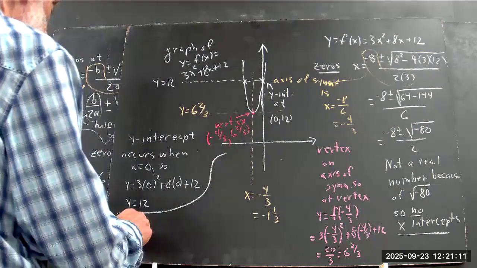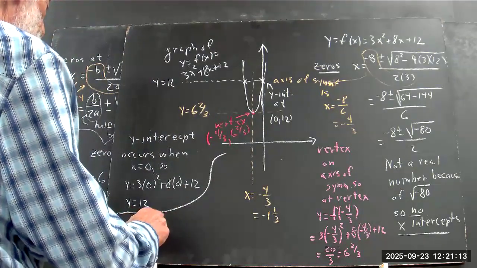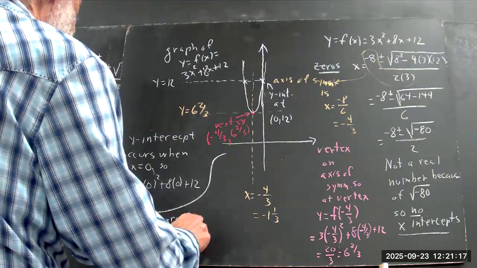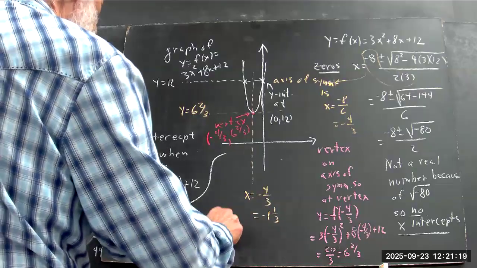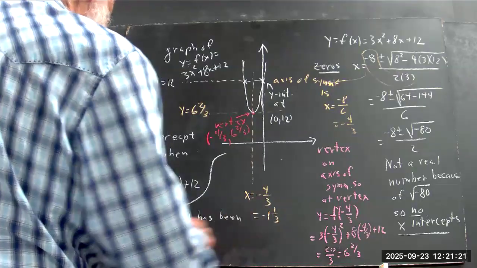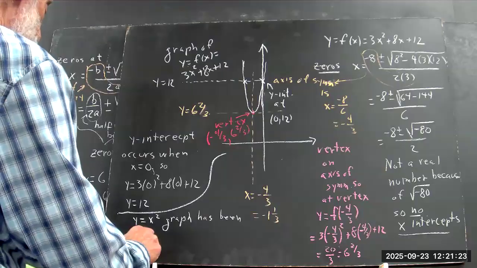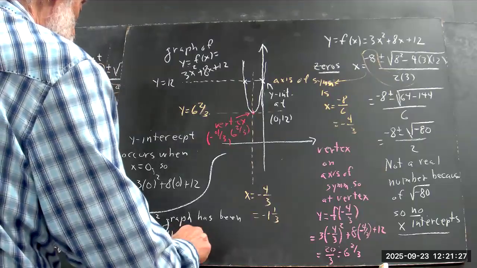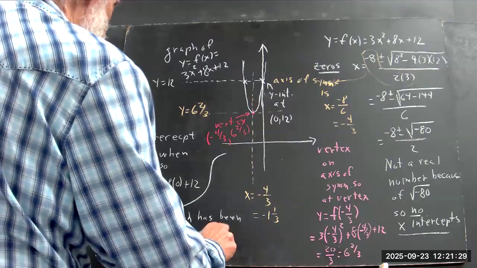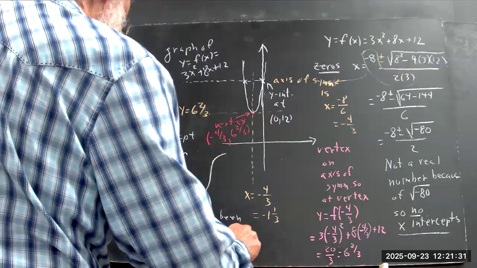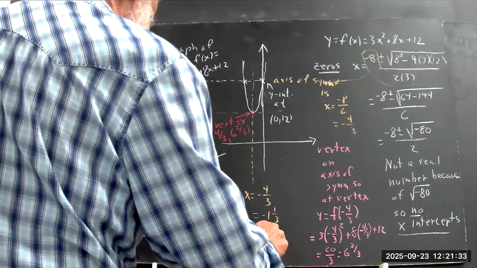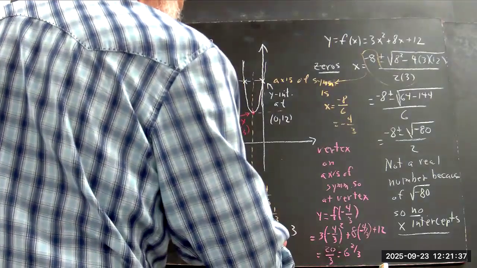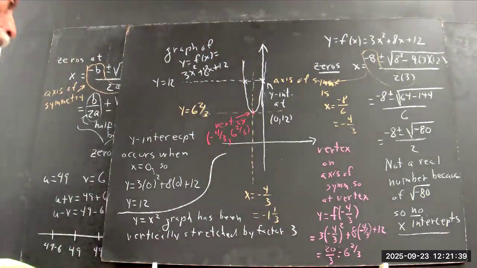What happens to the y equals x squared graph? Yeah, I like to say by factor 3.